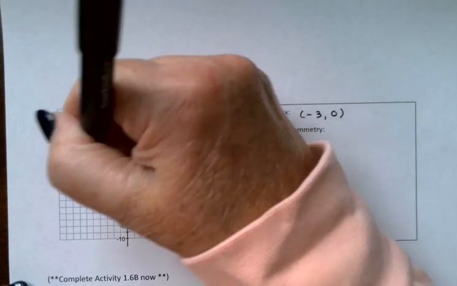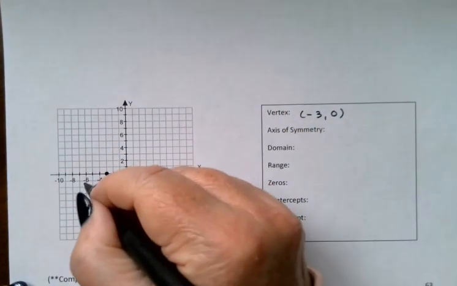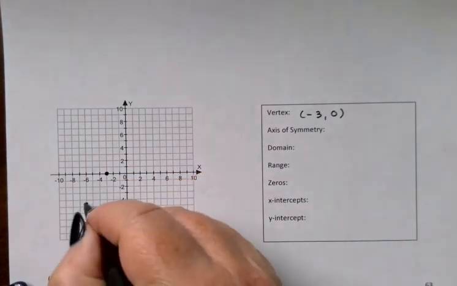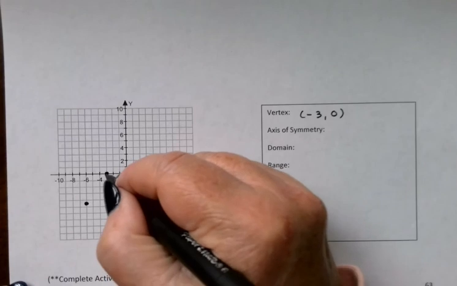By symmetry, if I move 1, 2, 3 to the left, I should still have that same y value of negative 4.5. So these 2 points are symmetric points, and that's going to give me enough points that I can more accurately draw my parabola. So here we go.